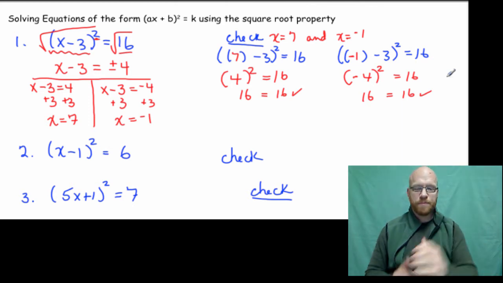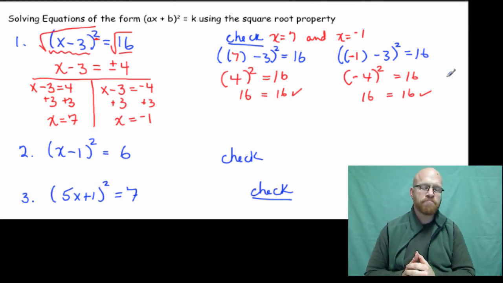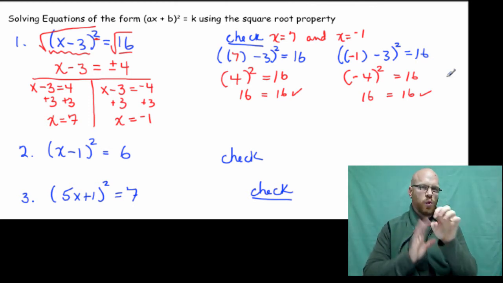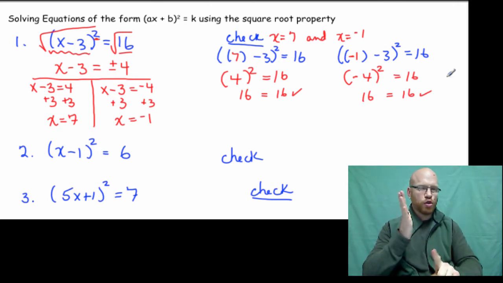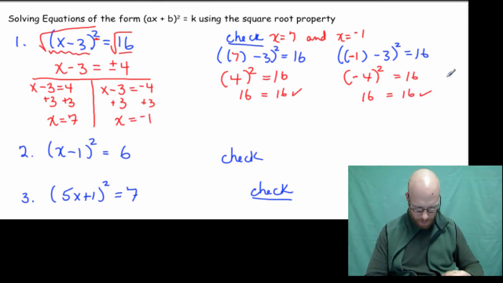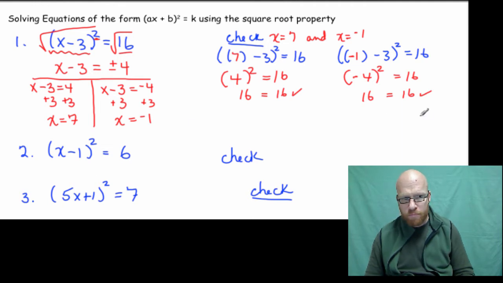All right. The next two examples we're going to work on, but I'm not going to check the second example. Number 2.